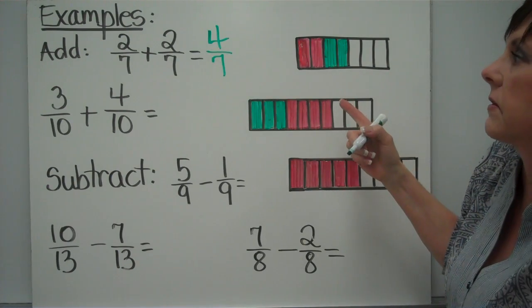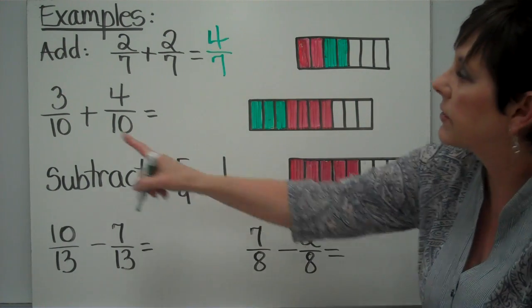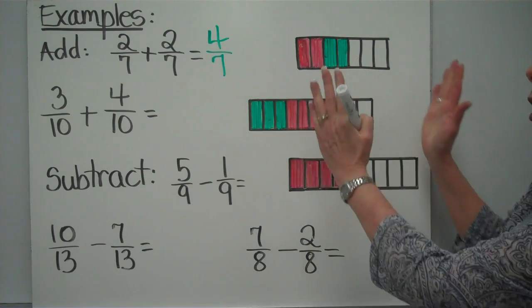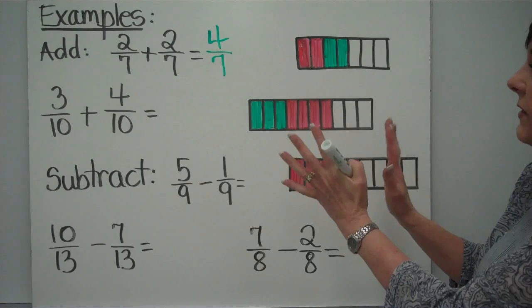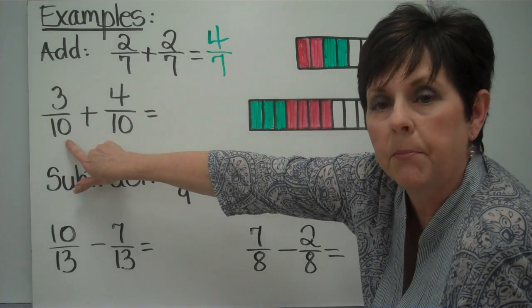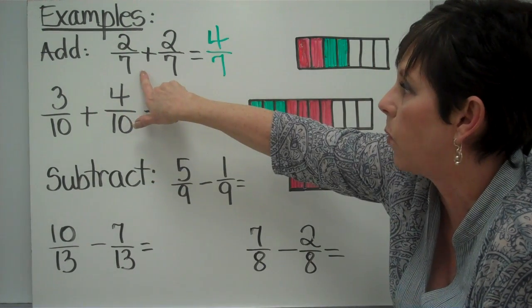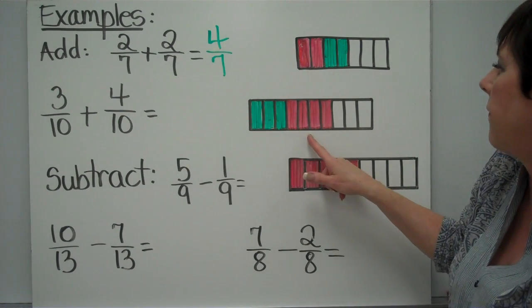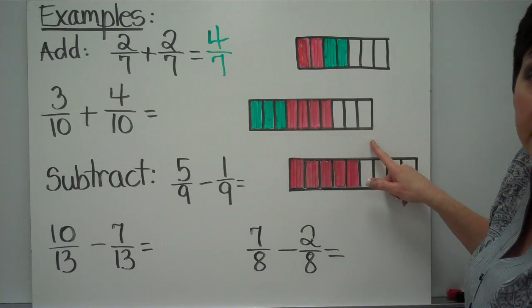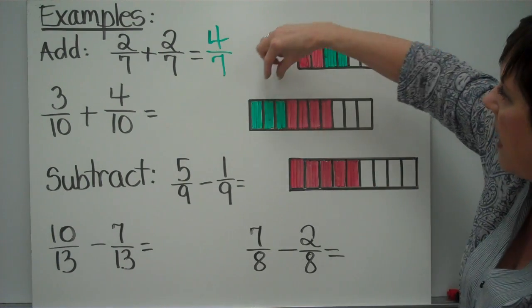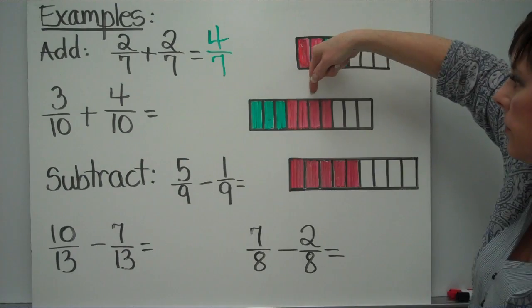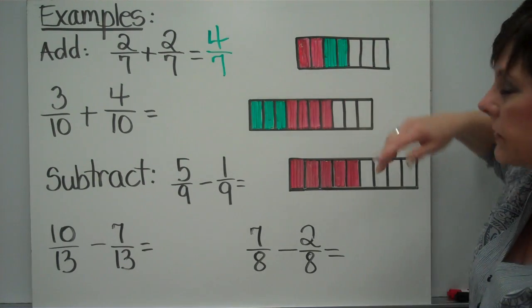It's still sevenths. Let's look at 3/10 plus 4/10. Now the whole thing is divided up into 10 parts, not 7 like it was here. So we have 1, 2, 3, 4, 5, 6, 7, 8, 9, 10. And we have 3/10 plus 1, 2, 3, 4/10.